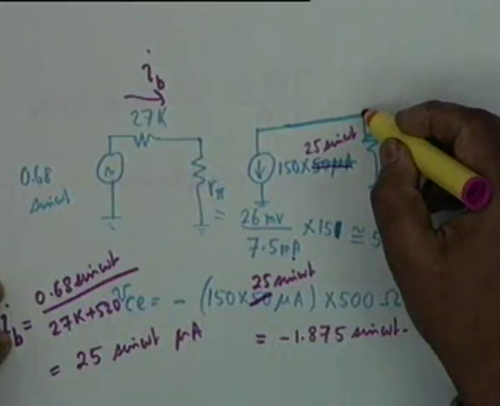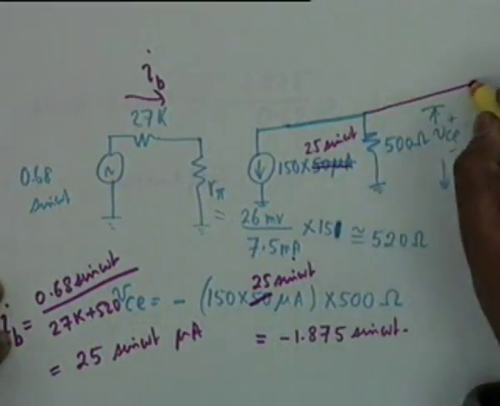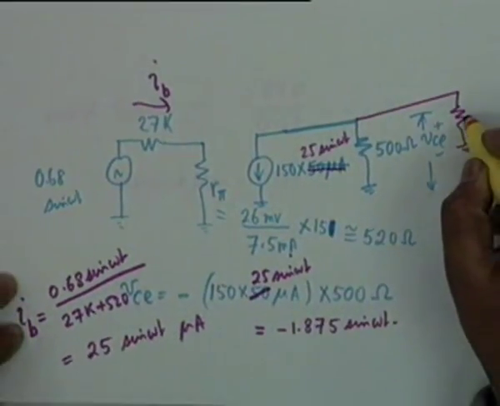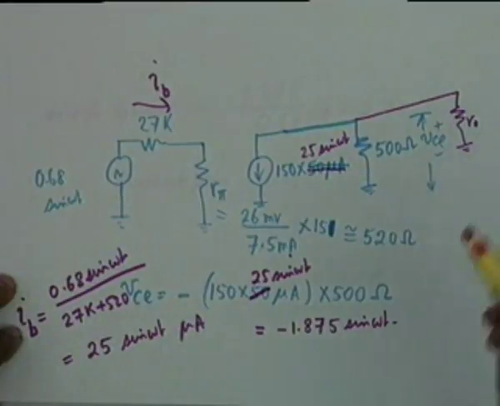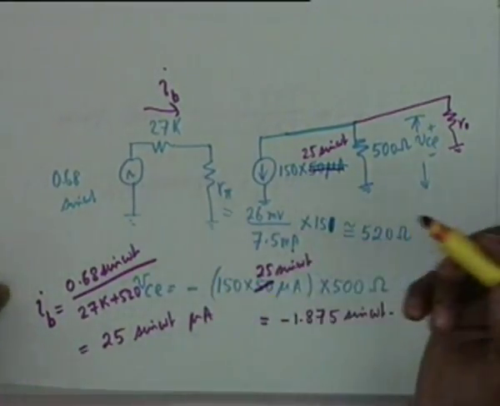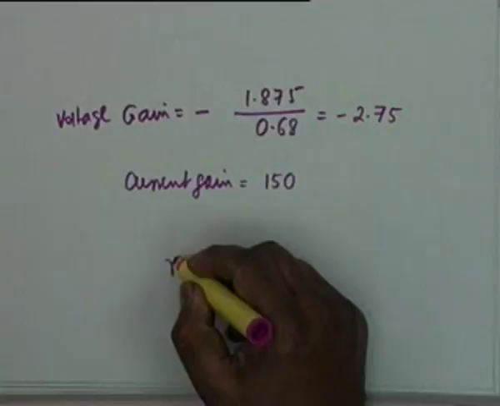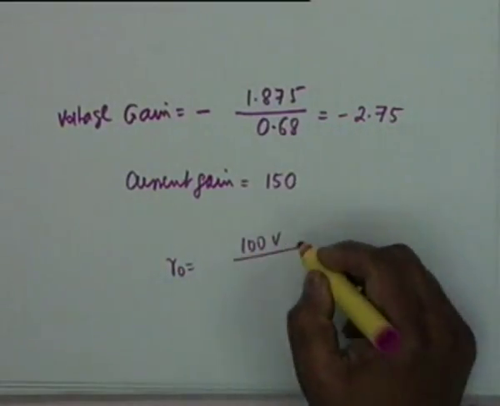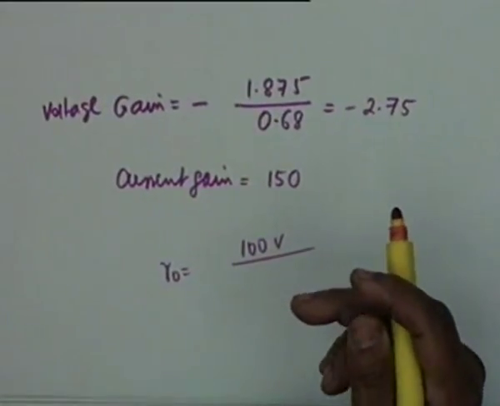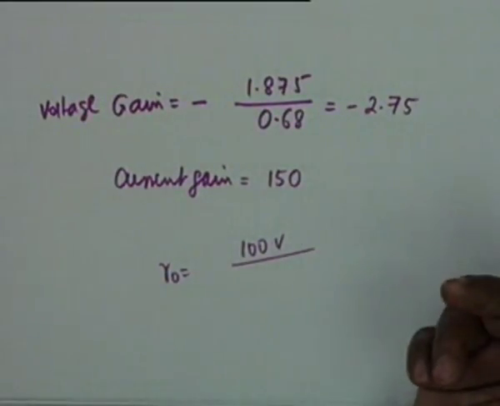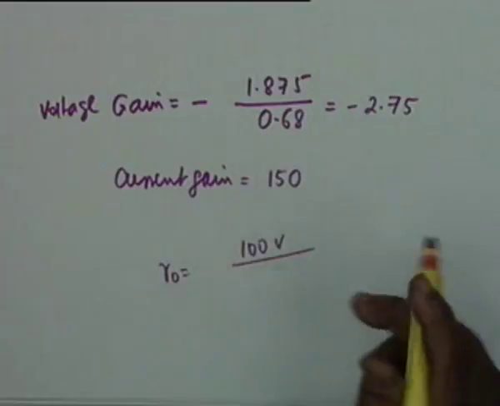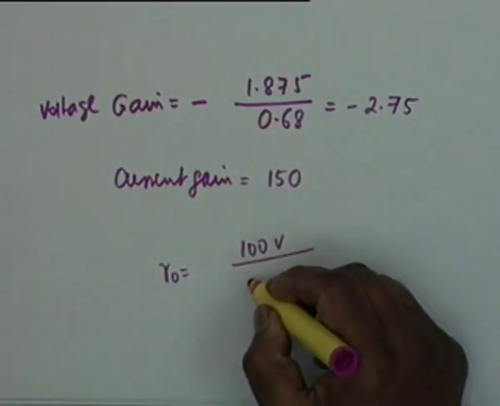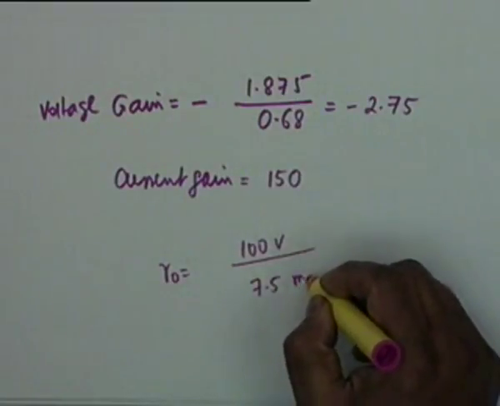Okay. Actually, what we should have done is, from here, we should have introduced a resistance R sub 0. But let us see what R0 is in this case. Let us say that the early voltage is 100, and early voltage lies between 30 and 150. This is the usual range for silicon transistors. This divided by the collector current, which is 7.5 milliampere.